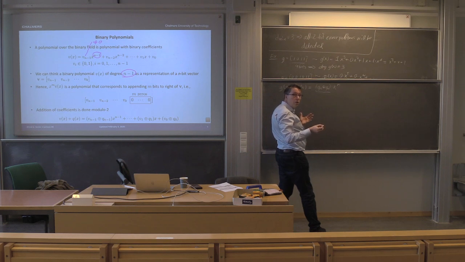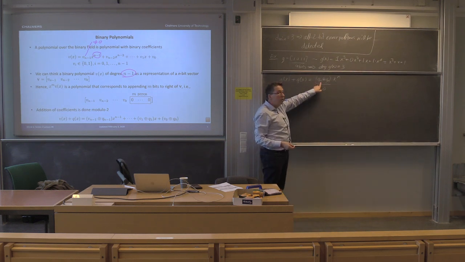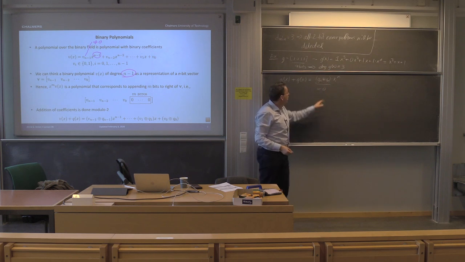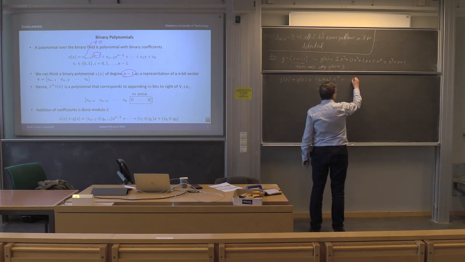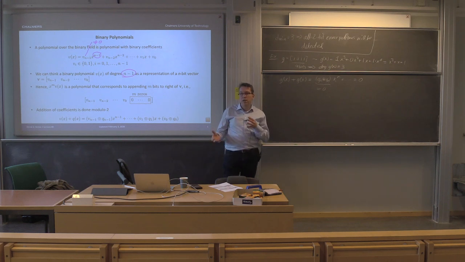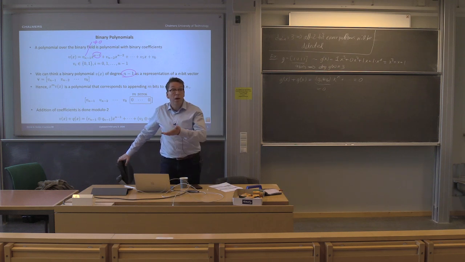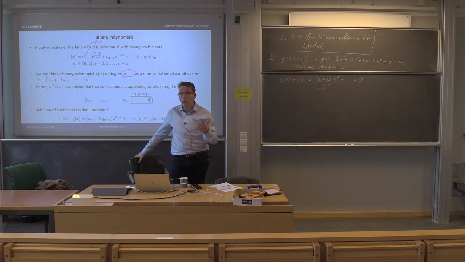Is that a flip? No, it's not. It's 0. If g is 0, then it's 0 plus 0, that's 0. If g is 1, it's 1 plus 1 is 0. So this is actually 0. So addition is the same thing as subtraction when we do this with binary numbers. And that turns out to be important now when we want to do the CRCs, how to calculate those.